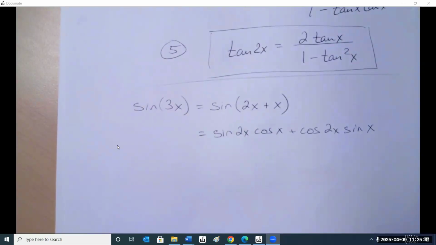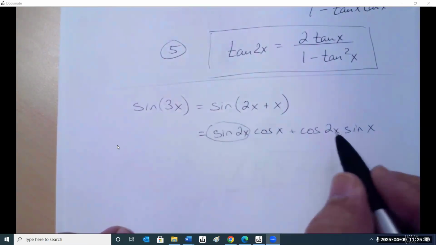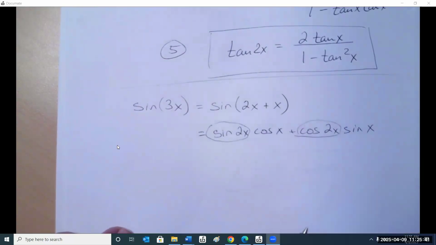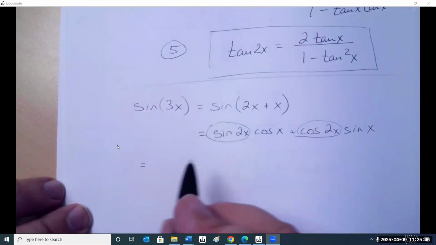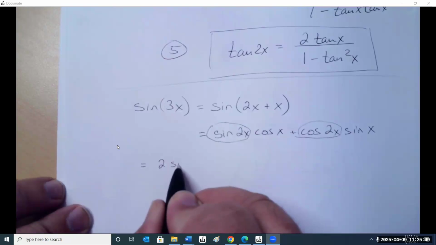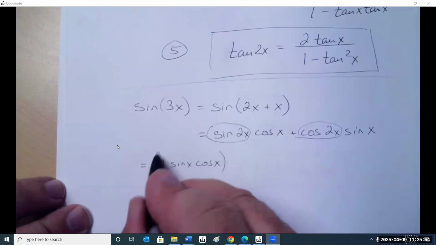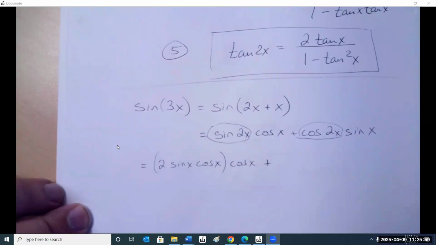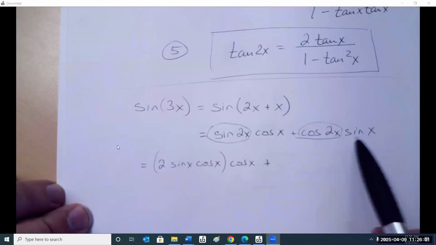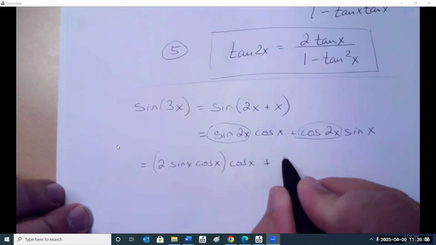Can we go anywhere further from there? Yeah, what is sine double angle? What is cosine double angle? This is going to expand it. So sine double angle, we figured out, was 2 sine x cosine x, times cosine x. And since we have a sine here, let's do the cosine one with respect to sine.